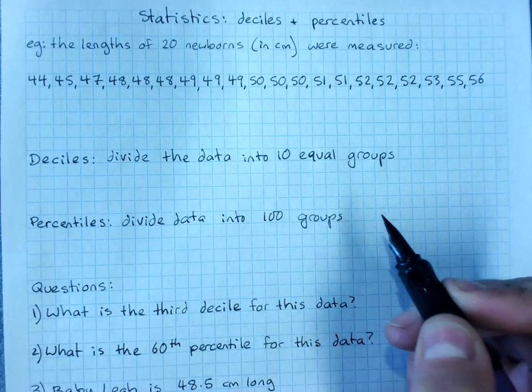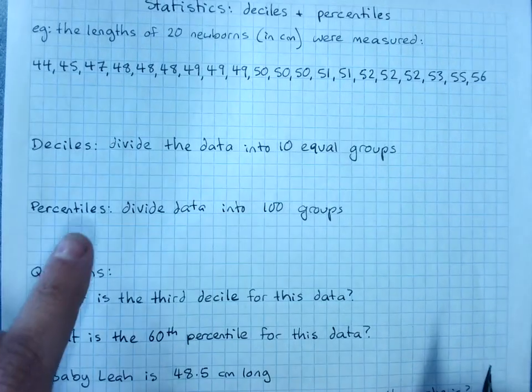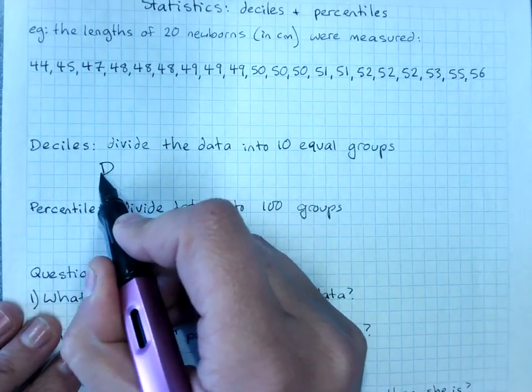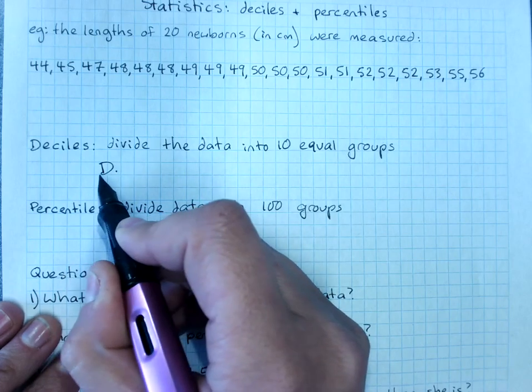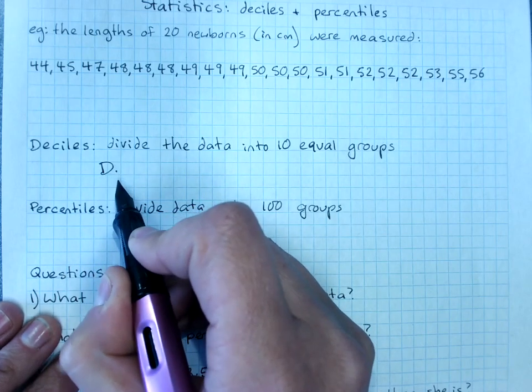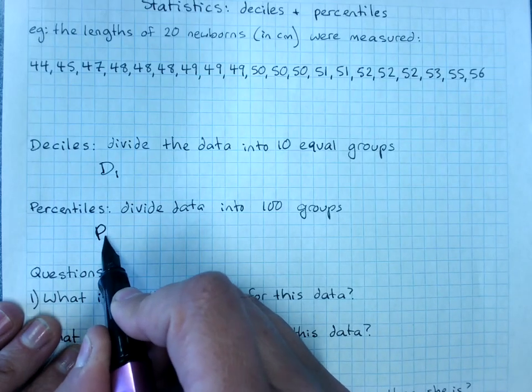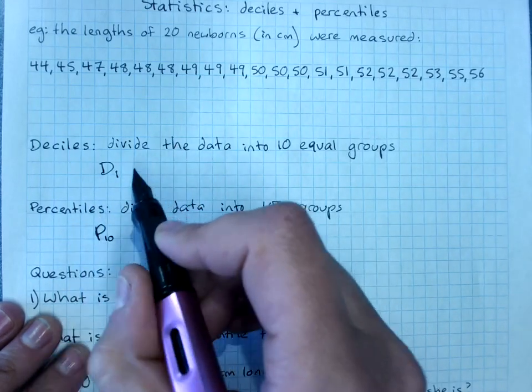But really, we don't tend to need to get right into the percentiles. So, for example, the first decile, D1, is the same as the 10th percentile, P10.